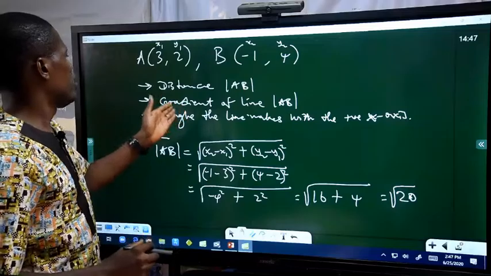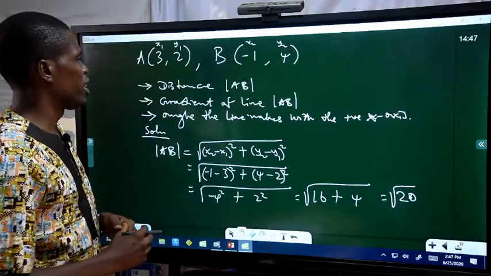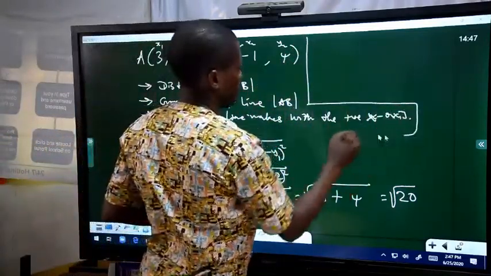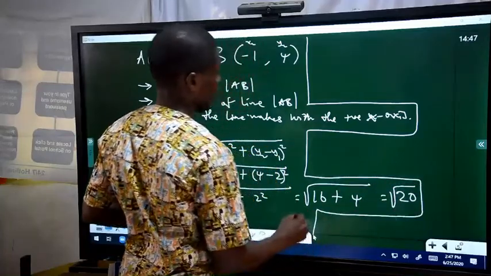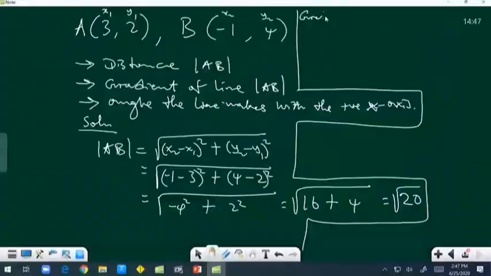Now, we can also find the gradient. What will be the gradient of the line that is given? The gradient, or slope, of the line is delta y over delta x, that is y2 minus y1 divided by x2 minus x1. y2 here is 4, subtract y1, which is 2. x2 is minus 1, and x1 is 3.